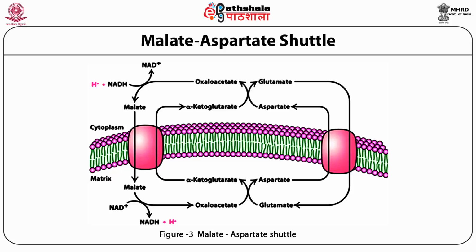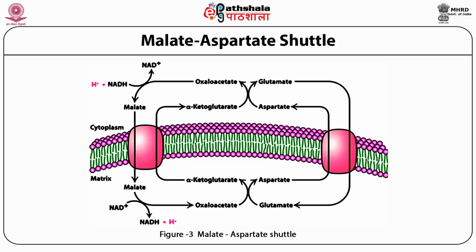Oxaloacetate is then transformed into aspartate by mitochondrial aspartate aminotransferase. Since aspartate is an amino acid, an amino group needs to be added to the oxaloacetate. The second antiporter, the glutamate-aspartate antiporter, imports glutamate from the cytosol into the matrix and exports aspartate from the matrix to the cytosol.